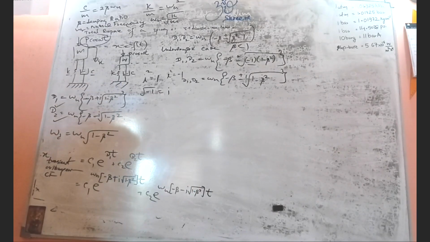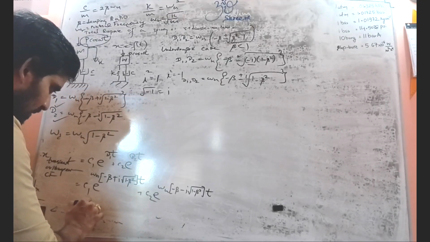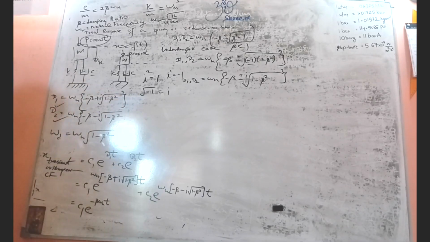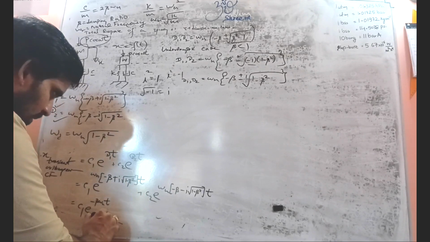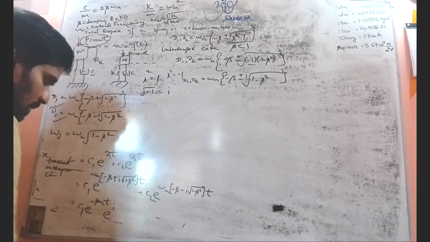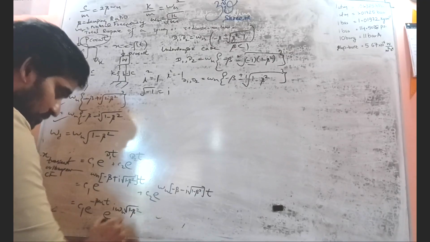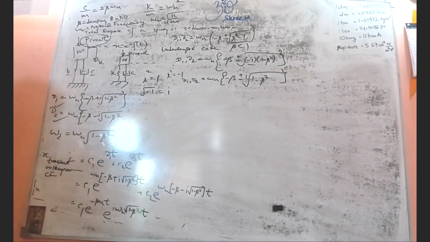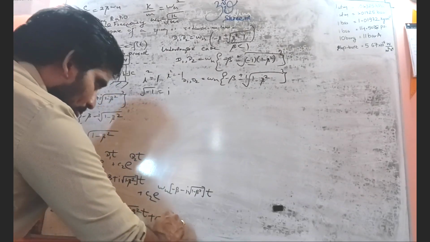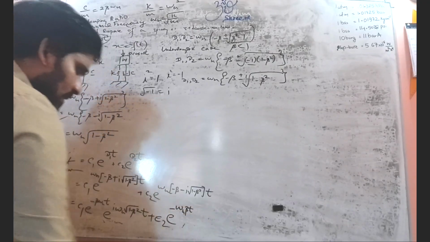So what is next? Now we can expand this, right? How can we expand this? c1 e to the power minus beta omega n t, then e to the power i times omega n times square root of 1 minus beta squared times t, plus c2 times e to the power minus omega n beta times t.